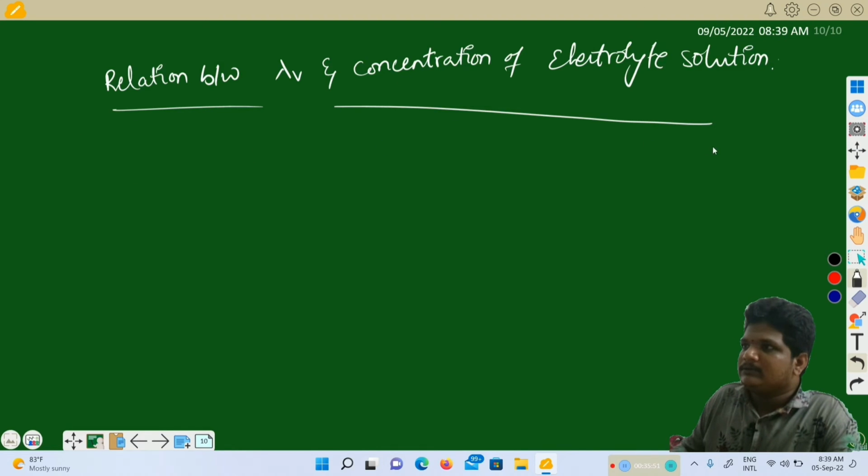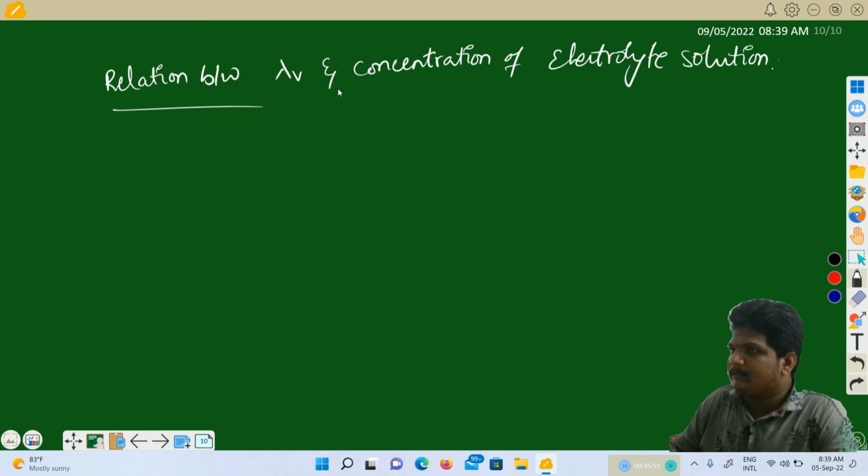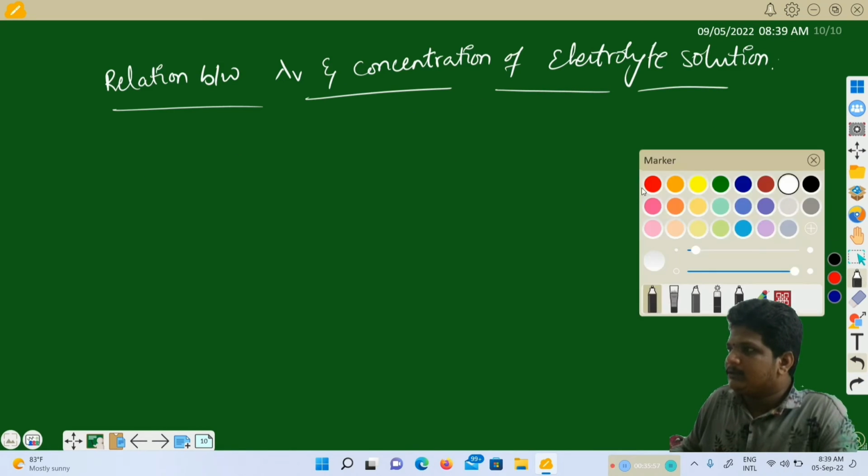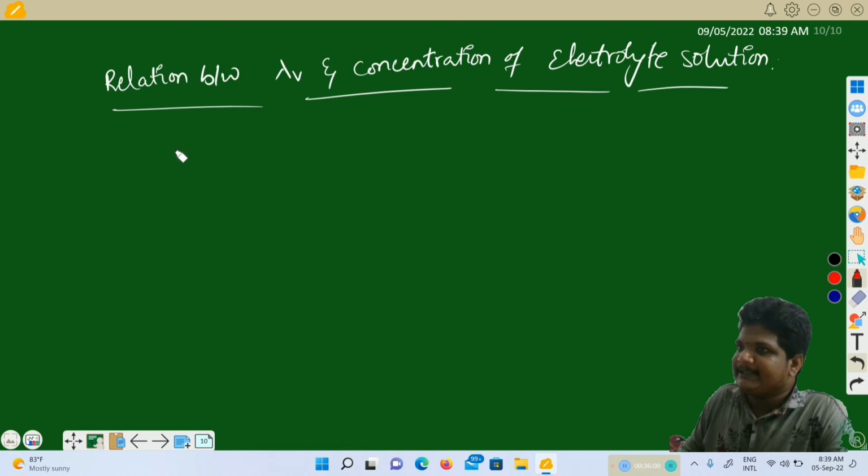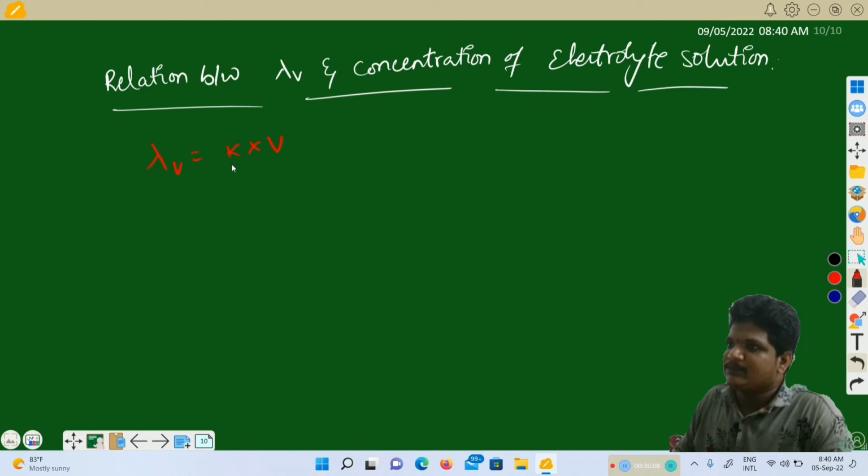As we know, lambda V is equal to kappa into volume, where kappa is the specific conductance.